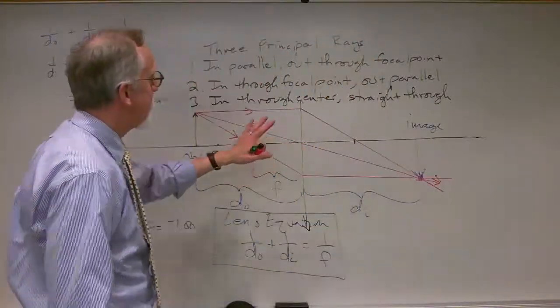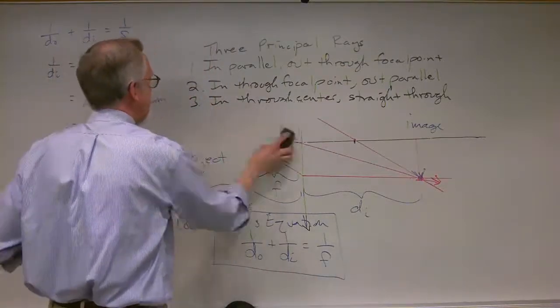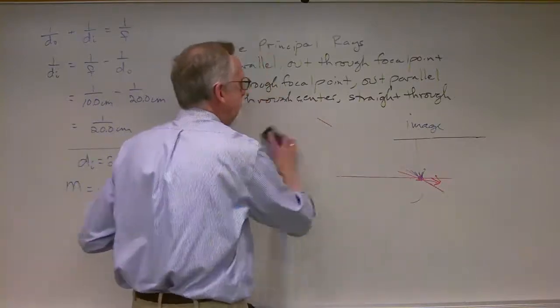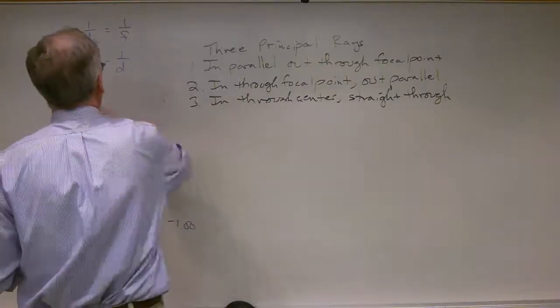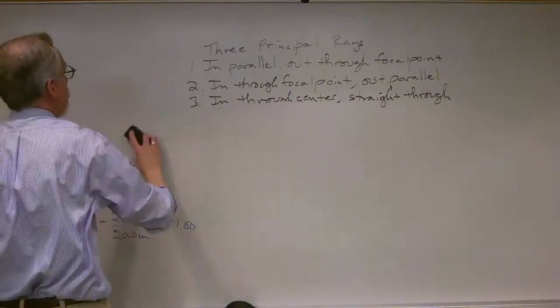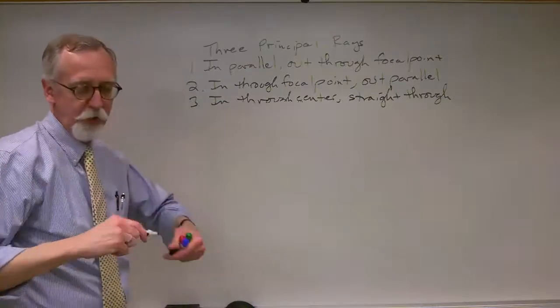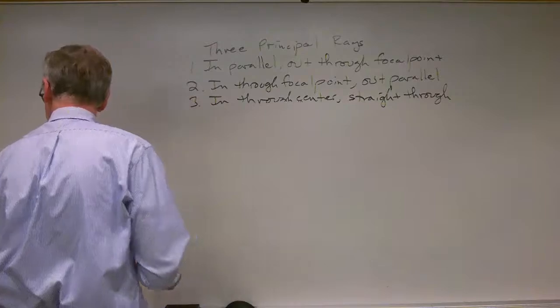Let's do another converging lens diagram, except this time let's put the object inside the focal length, and let's see what happens. Again, let's draw our principal axis.